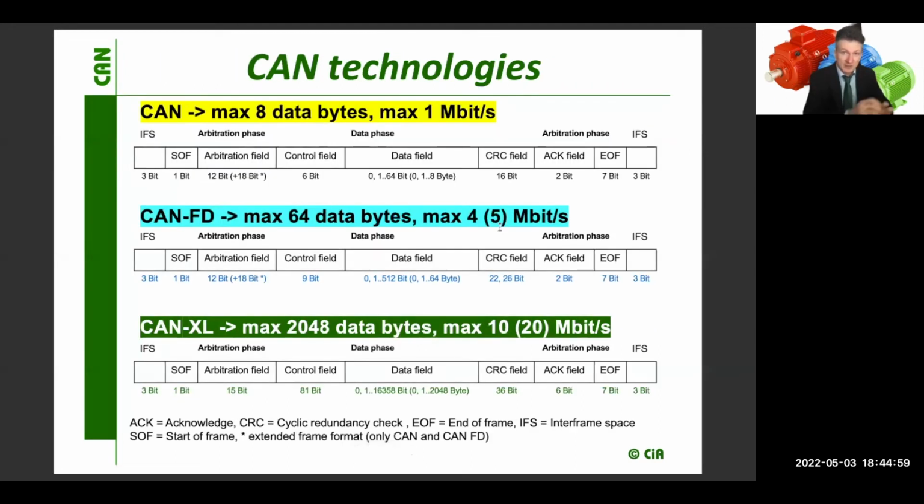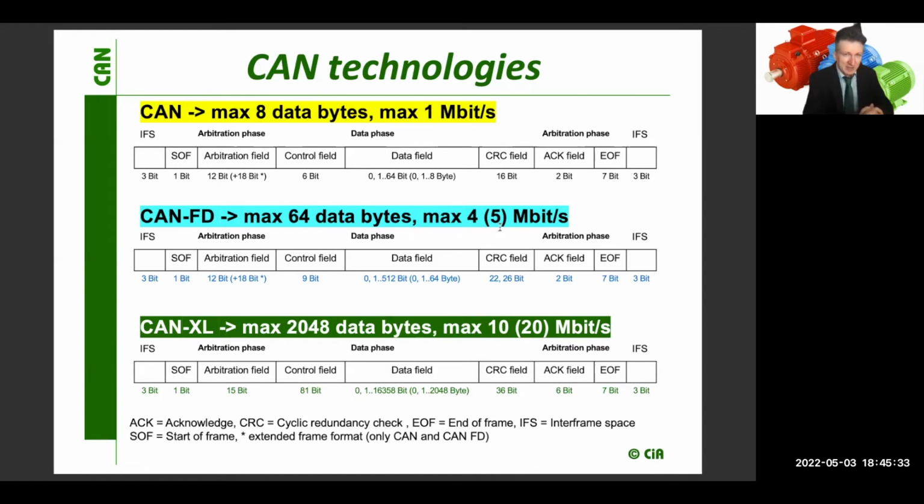There are slight differences. I would like to point out that there are in total, for right now, 3 CAN-based technologies specified. Except CAN XL, all of those are also standardized in ISO 11898-1, and CAN XL will also be standardized in a couple of years.